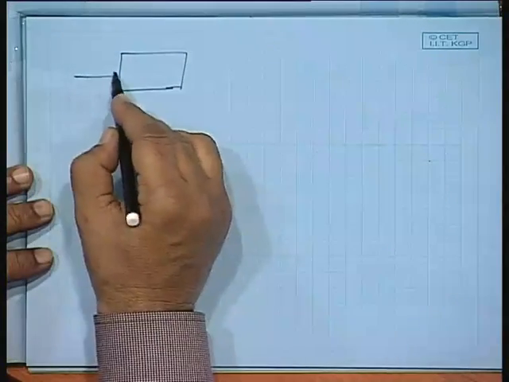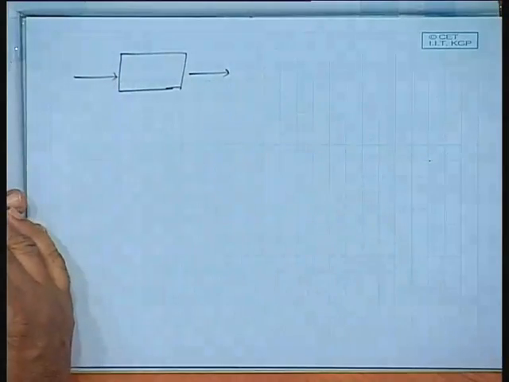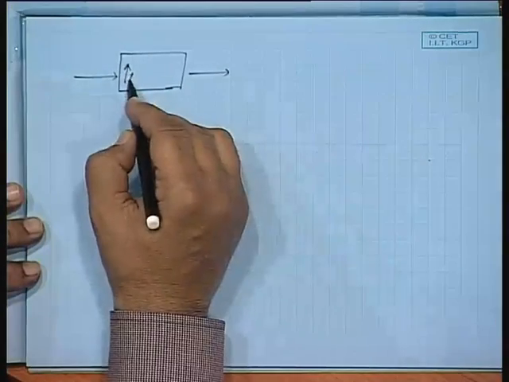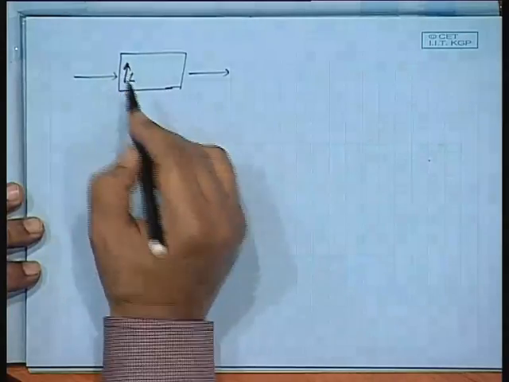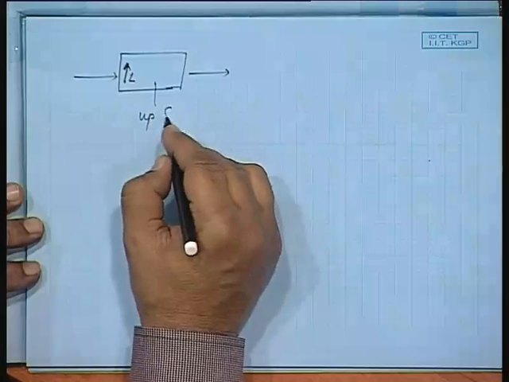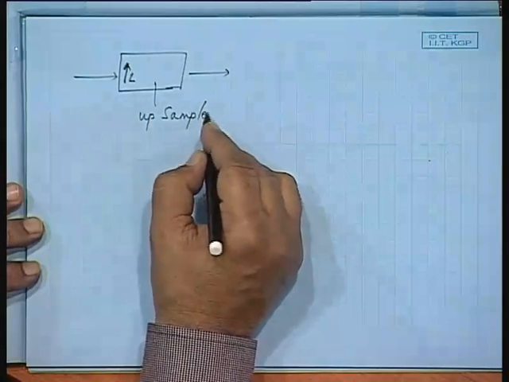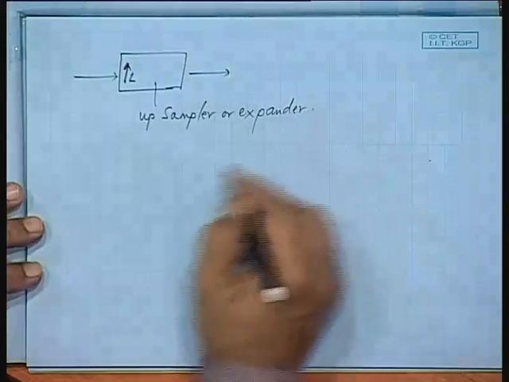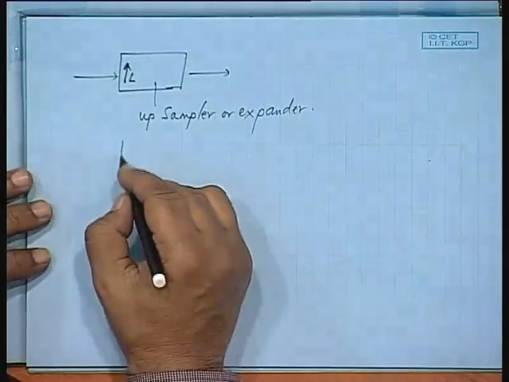Now, we call a device which alters the sampling frequency, which increases the sampling frequency by a factor L, an expander or upsampler. We write it like this, with an upward arrow. It expands the signal in the time domain.